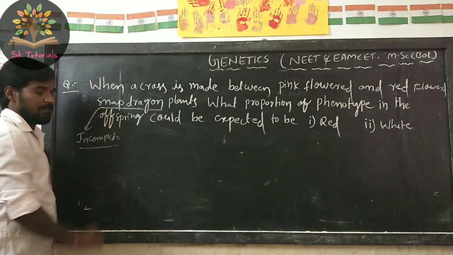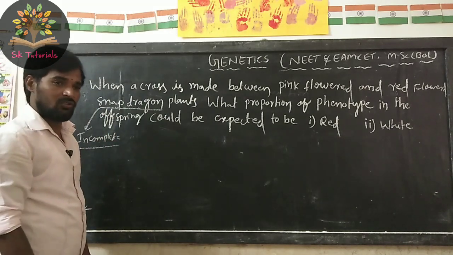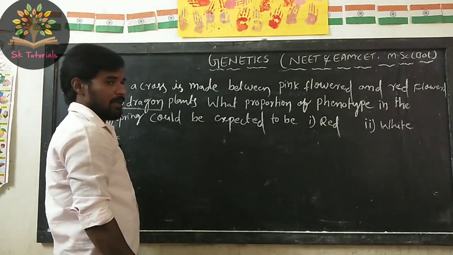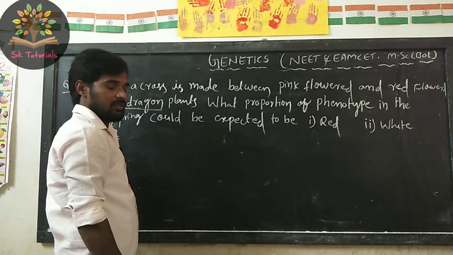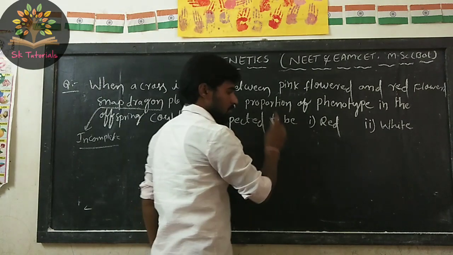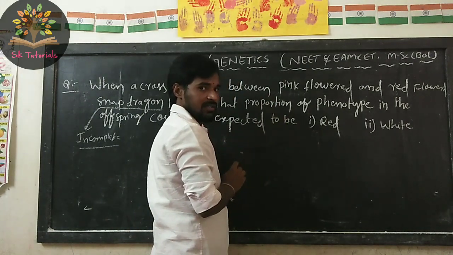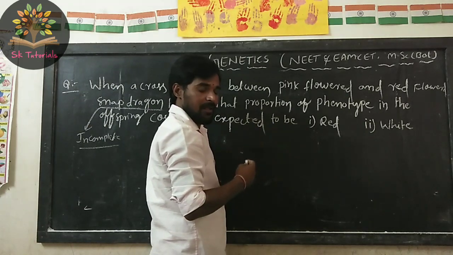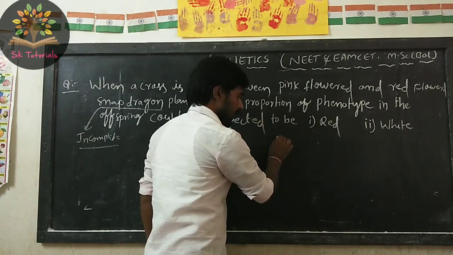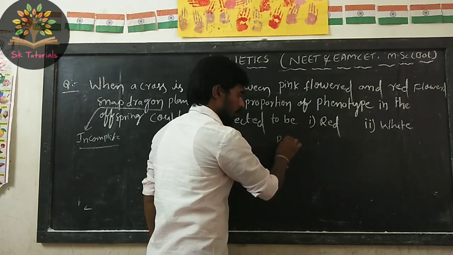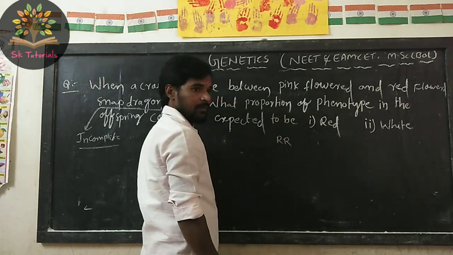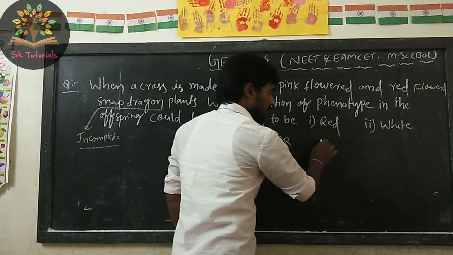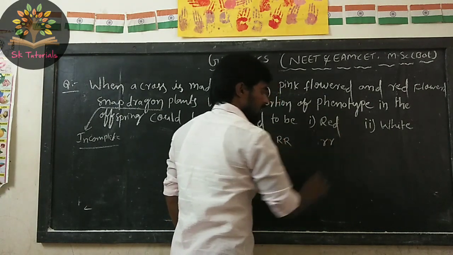The snapdragon plant produces 2 types of flowers. Some snapdragon plants produce red color flowers, indicated with capital R, capital R. Some produce white color flowers, indicated with small r, small r.